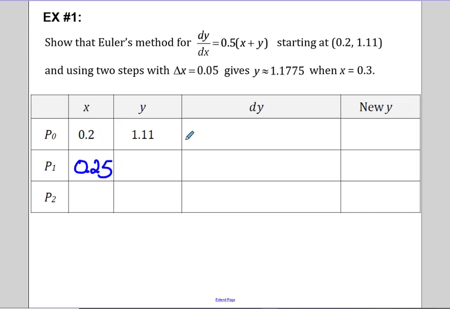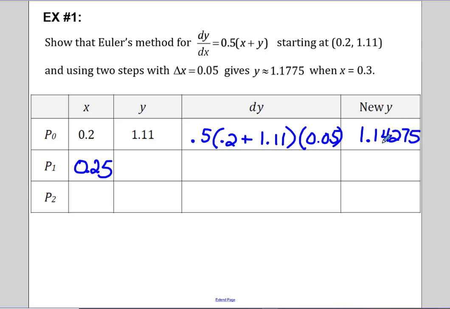And we had 1.1, so we want to take that delta x, or this equation, dy, 0.5 times 0.2 plus 1.1, and multiply it by the delta x, 0.05. So with our calculator, we get a new y of 1.1275.